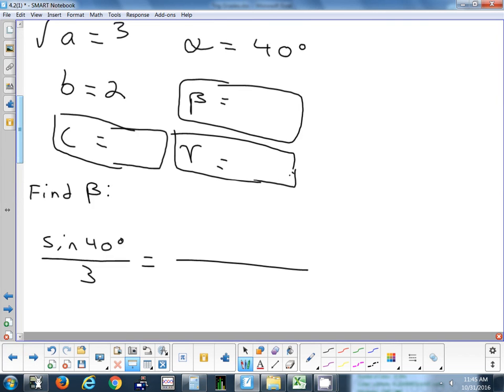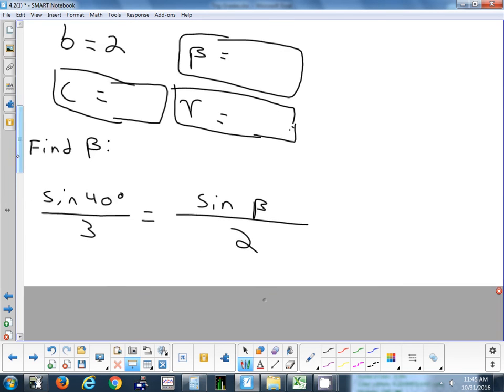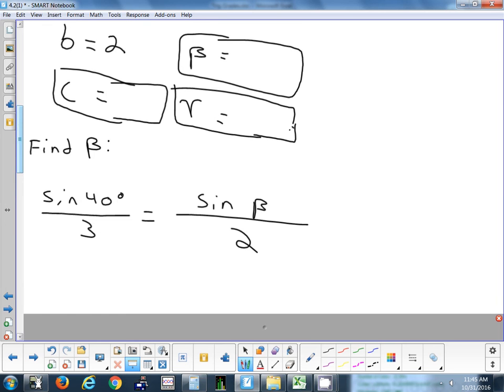Sine of beta over 2. Okay, so the big difference this time is the variable you're solving for is inside a function. So we've talked about this before, and something we did 2 weeks ago is going to come up here.